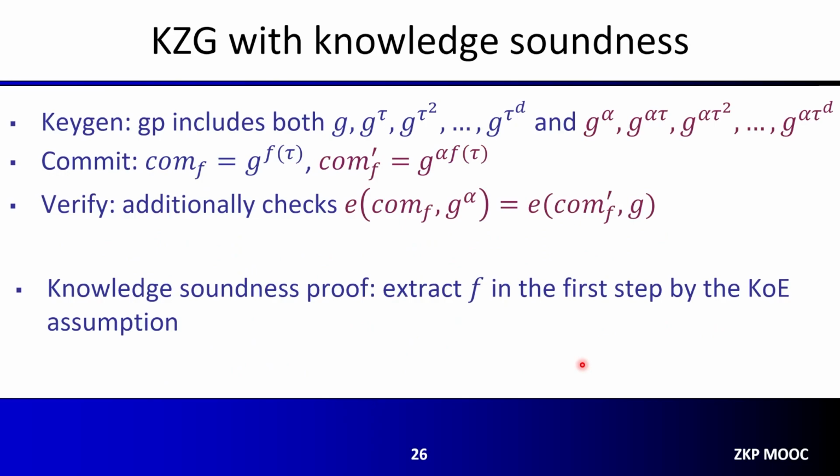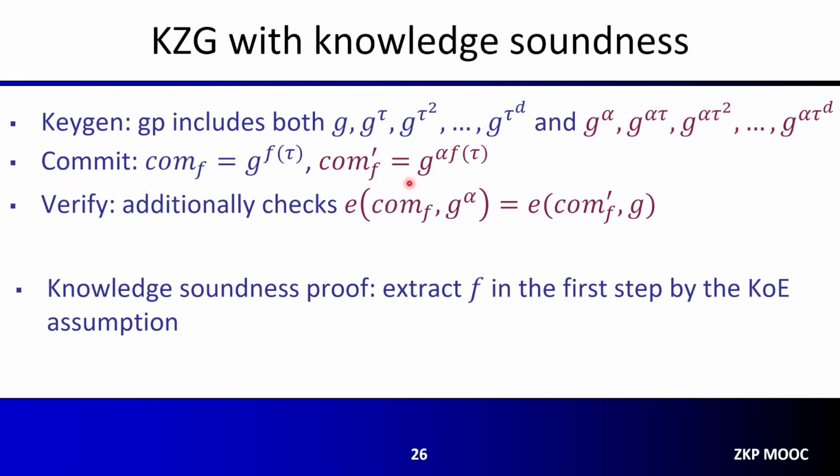With the knowledge assumption, we can actually solve this problem and get a real polynomial commitment scheme that satisfies knowledge soundness. So basically, in the key generation algorithm, we are going to generate two sets of public parameters: g to the power of tau, tau square, and tau to d, and g to the alpha, g to the alpha tau, g to the alpha tau square, and so forth.